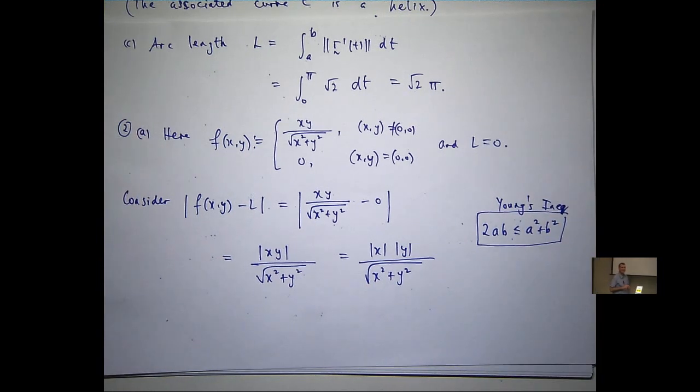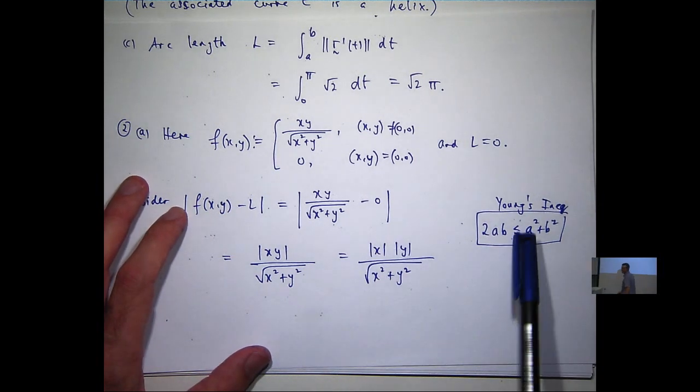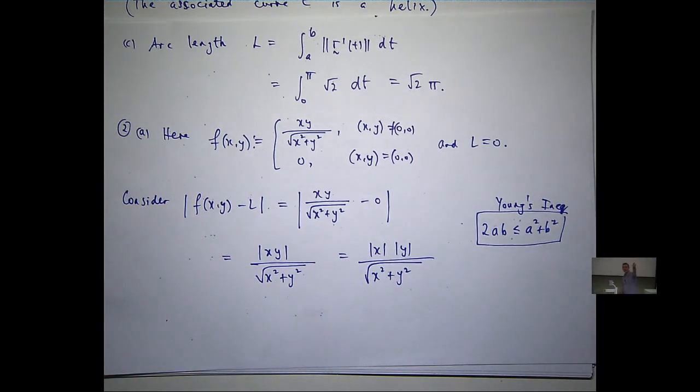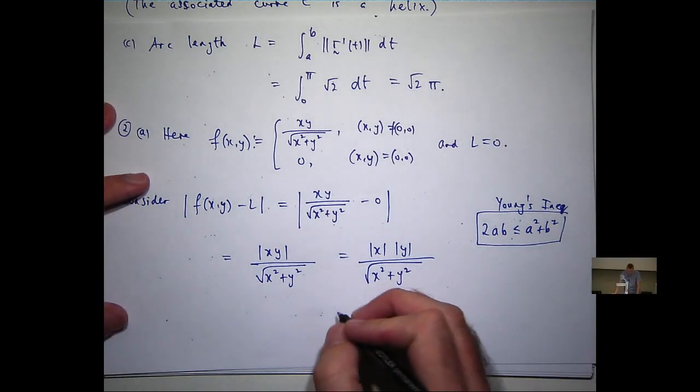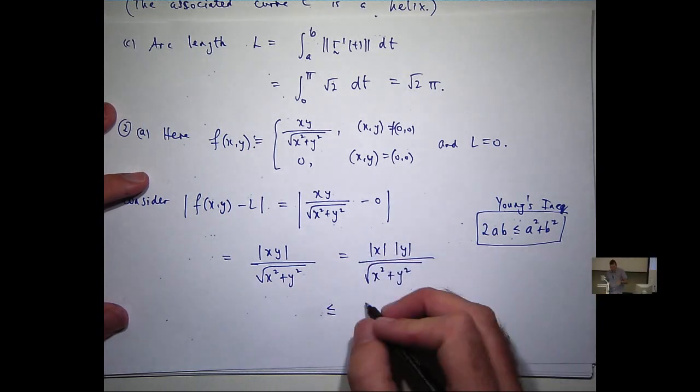And this really is gold for these kind of problems. So what I can do is replace A with absolute value x and B with absolute value y, so I'll get the following. This isn't quite a 2 here, but I can take the 2 down there, so I'll get something like this.